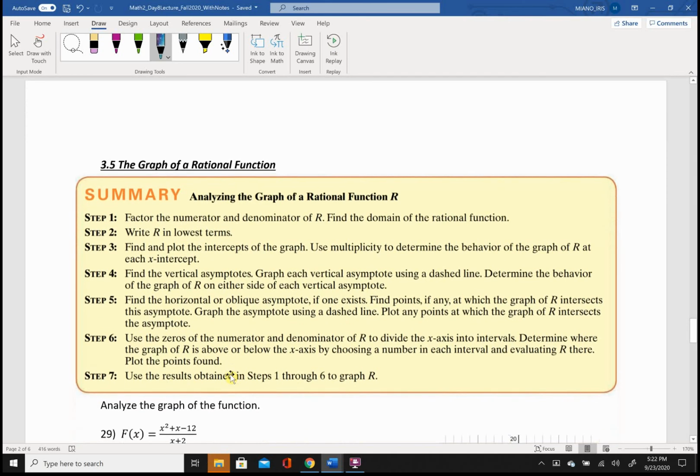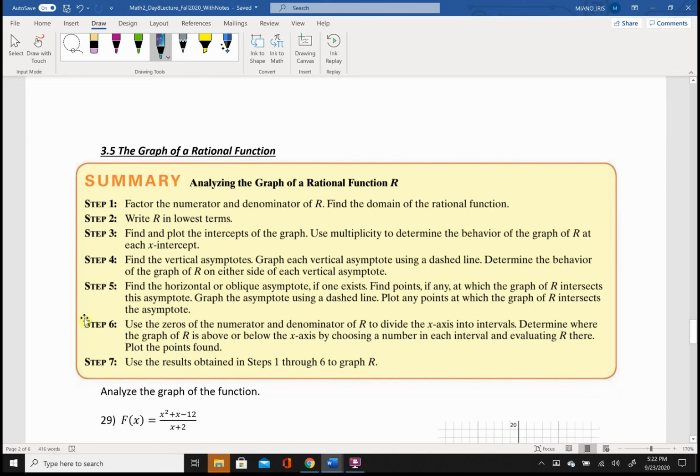There is a little bit more to it, and that's going to come about in step 6, in which we bust out a number line and we put all of the zeros on it, and we're going to test values on either side of all of the zeros, like in between all the zeros and on the extremes as well, in order to determine if we're above or below the x-axis.